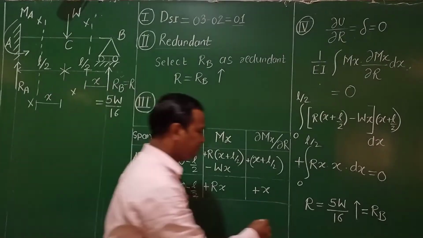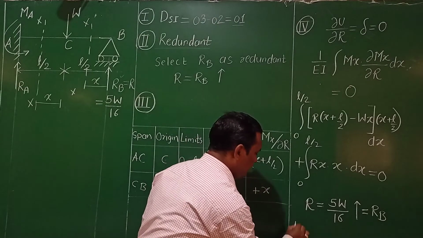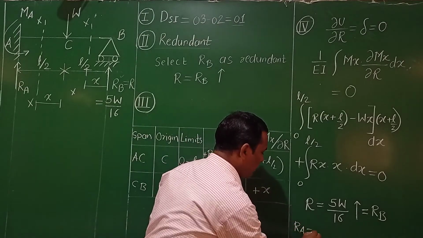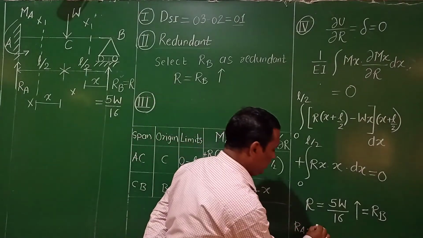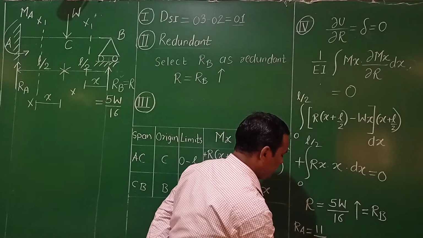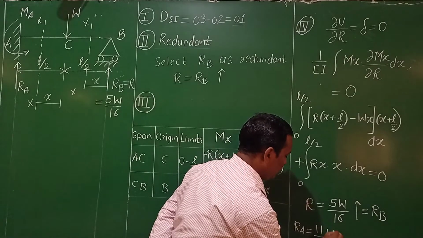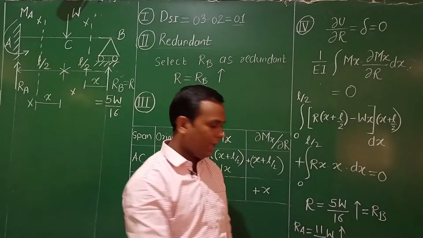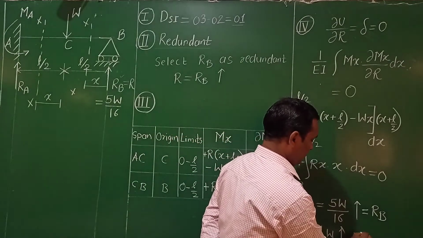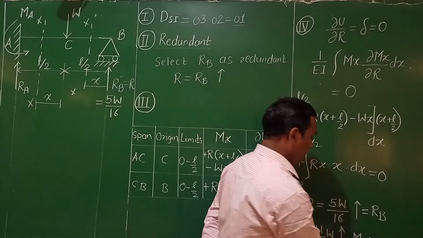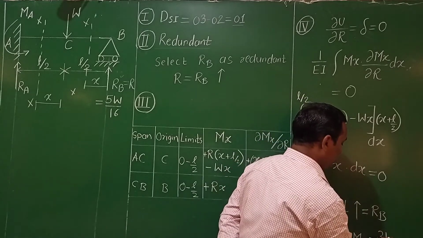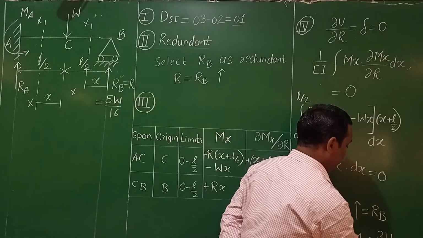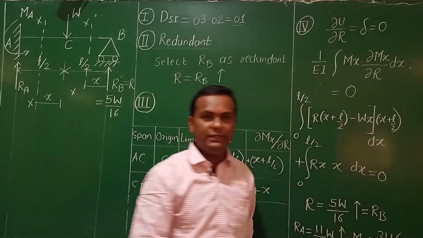When we solve this, we find that RA will be equal to 11W by 16, and RA will also be upward. MA will be equal to 3W upon 16, and it will be anti-clockwise in this case.